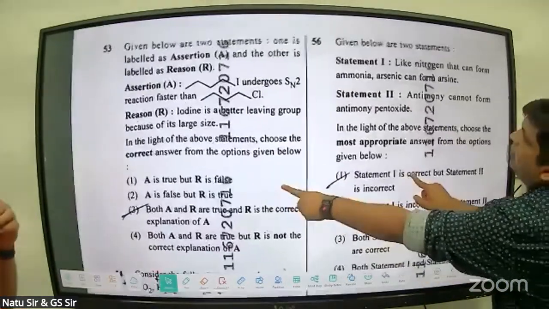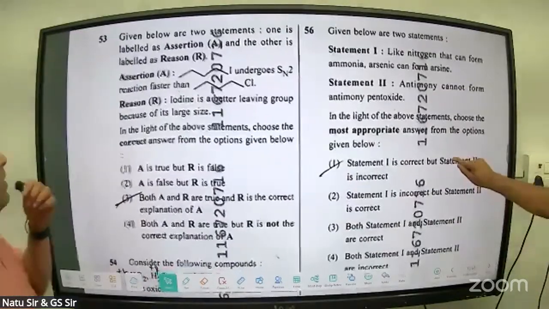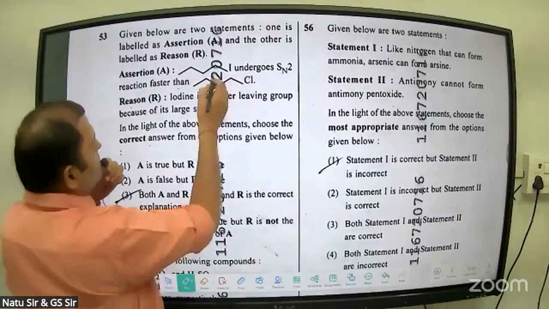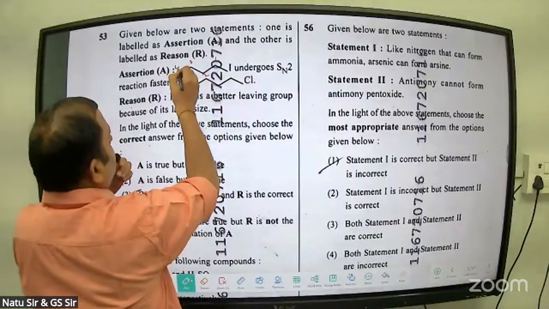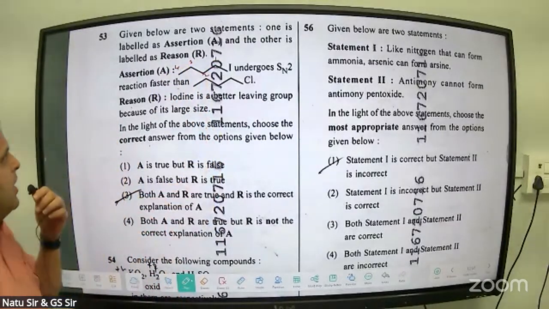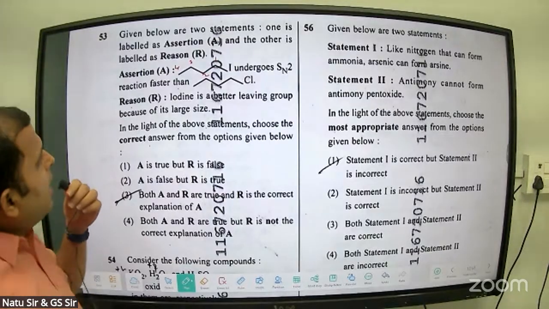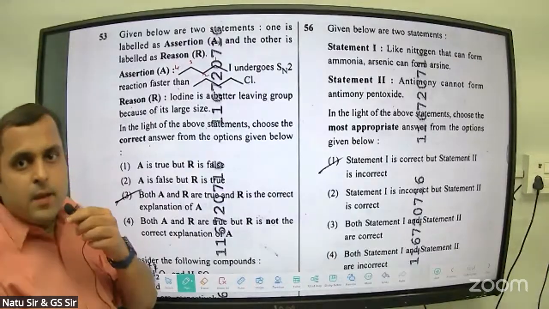So again, the first one is n-butyl iodide, or if you go by numbering, 1, 2, 3, and 4. So it is iodobutane, and the other one is chlorobutane. So they are saying iodobutane undergoes SN2 reaction faster than chlorobutane.